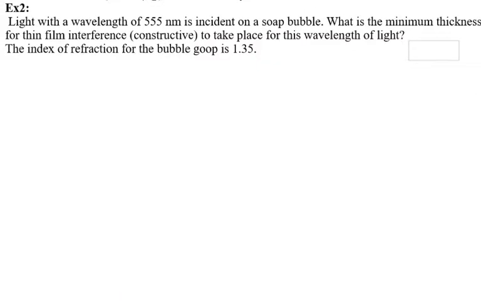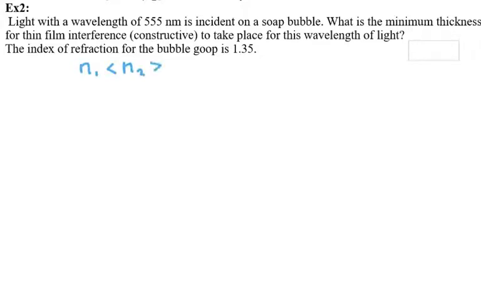Let's look at this question where they say that light with a wavelength of 555 nanometers is incident on a soap bubble. What is the minimum thickness for thin film interference, constructive, to take place for this wavelength of light? And the index of refraction for the bubble is 1.35. So the case that we have is n1 is less than n2.